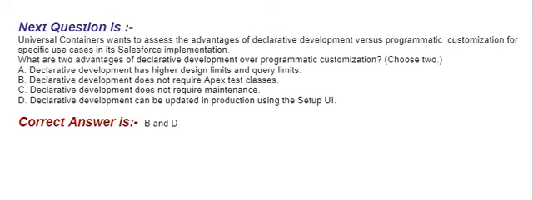Option A. Declarative development has higher design limits and query limits. Option B. Declarative development does not require Apex test classes. Option C. Declarative development does not require maintenance. Option D. Declarative development can be updated in production using the setup UI. Correct answer is option B and D.